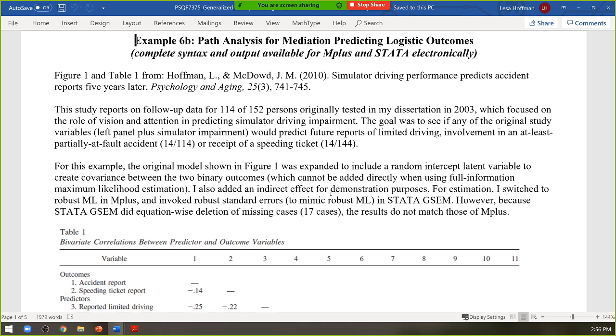And I found a significant relationship between their performance in a low-end driving simulator in my original dissertation and their subsequent rate of having accidents 5 years later. That lends a little bit of validity to the performance in the simulator as a real useful measure of driving ability. And so I made a brief report out of that one correlation.